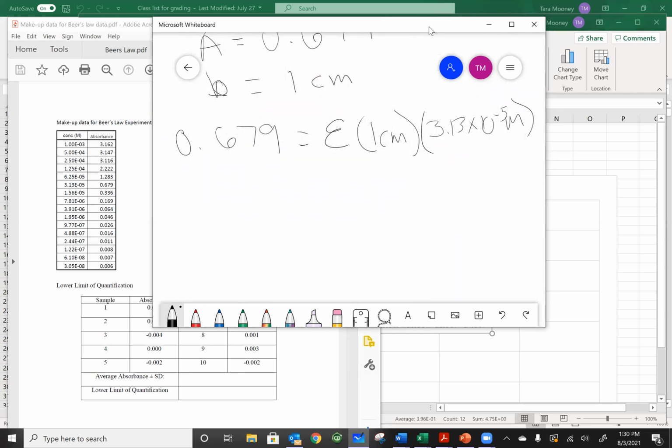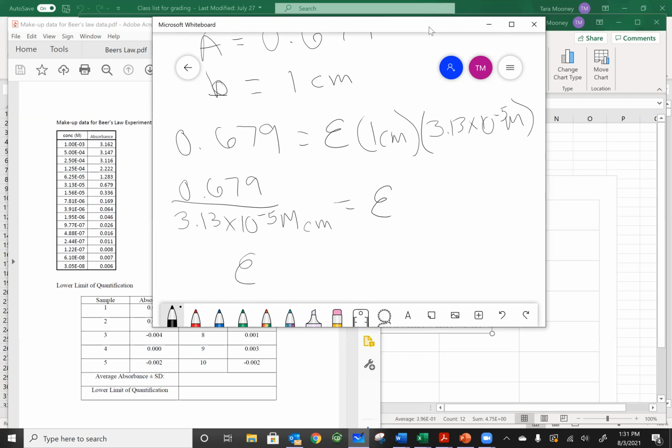So now we have to solve for epsilon. 0.679 divided by 3.13 times 10 to the minus fifth molar centimeter equals epsilon. And so now we just have to do that calculation. 0.679 divided by 0.1234313.